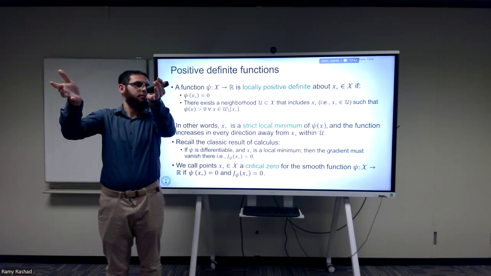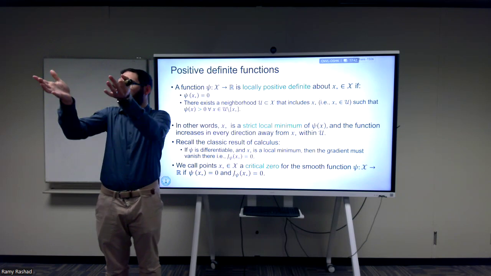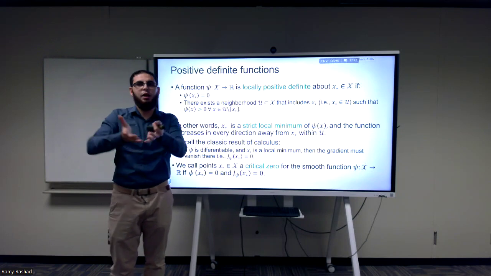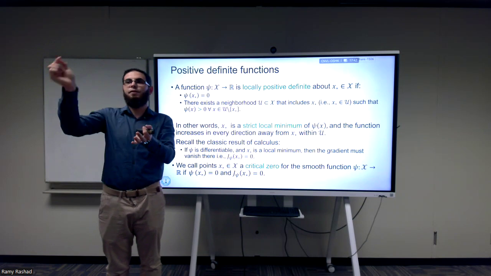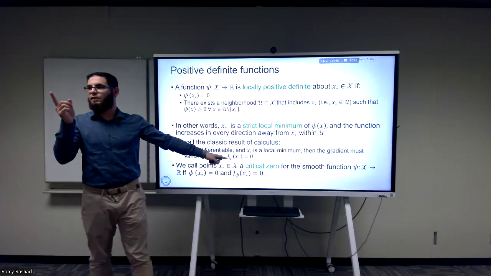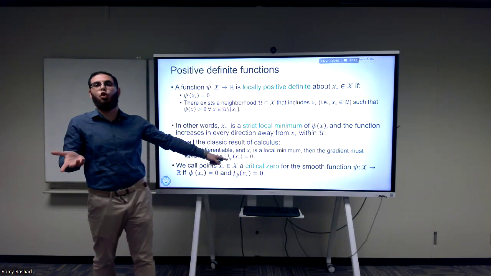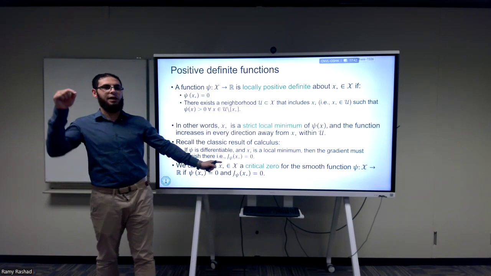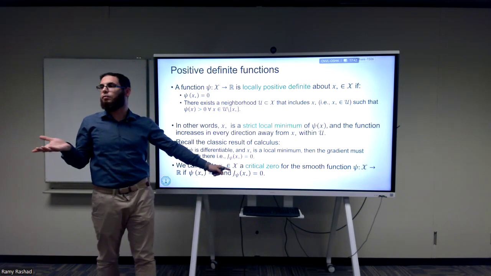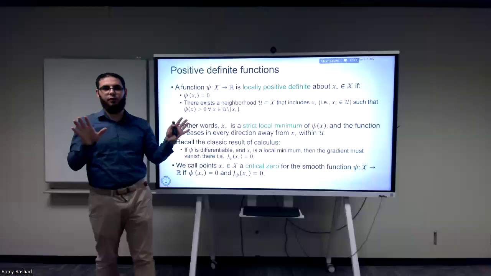What does that mean? It means that x star is a local minimum of this function. And what does a local minimum point mean? It means that if you take the gradient of this function, and generalize it to the Jacobian if you have multiple dimensions, and evaluate it at this point, you should get 0, right? Is this familiar to everyone?